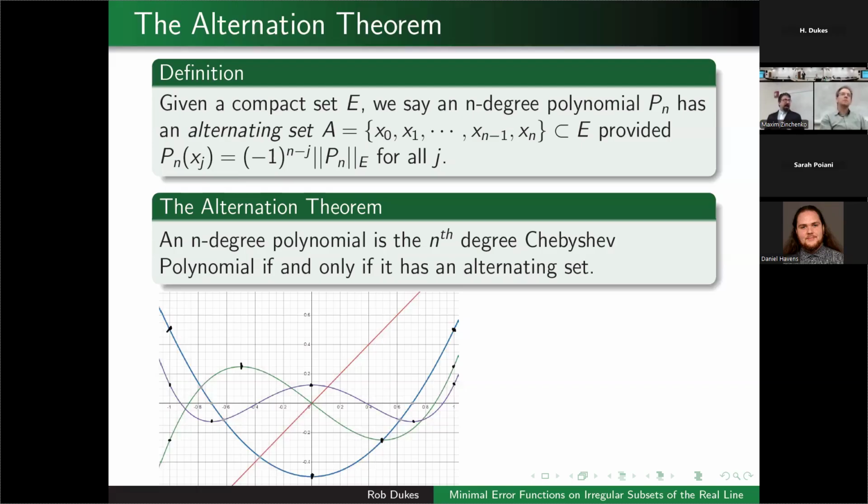And you keep doing that until all the peaks and valleys are at the same height or depth. And once you have that, that guarantees you that there's no polynomial that could beat it. So it's a really convenient test. If you can see these ups and downs that are all the same height or depth, then you know you have the right polynomial.